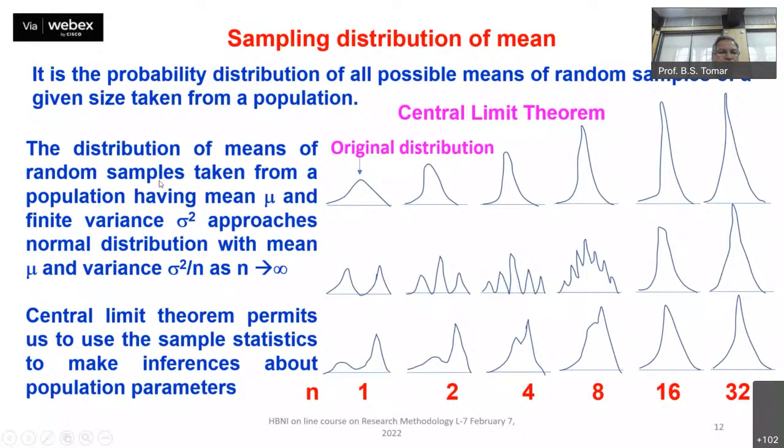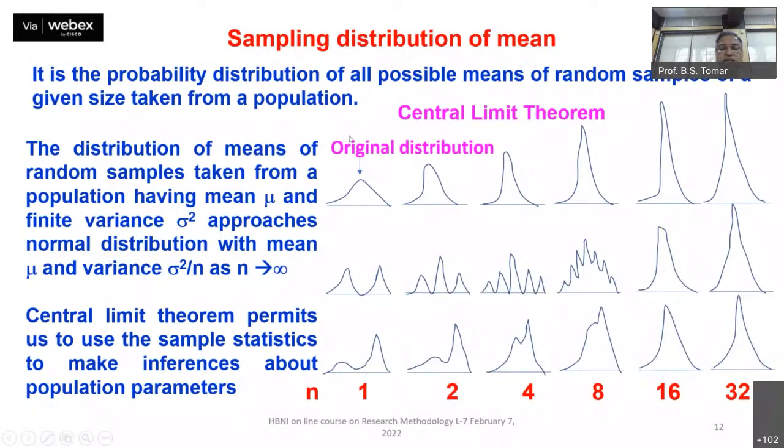What it says is that the distribution of means of random samples taken from a population having mean mu and variance sigma squared approaches a normal distribution with mean mu and variance sigma squared by n as n tends to infinity.